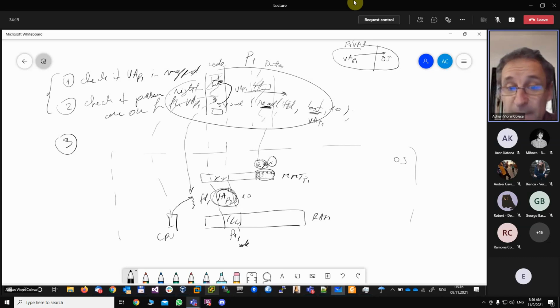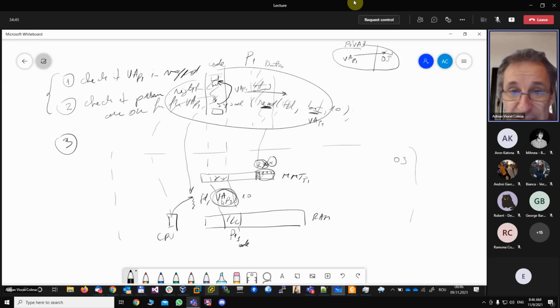So normally the OS is allowed to run something here, but if it did something like that, then the OS running on behalf of P1 will write inside its own memory, maybe changing some data structures or something like that, which is not good at all, okay?